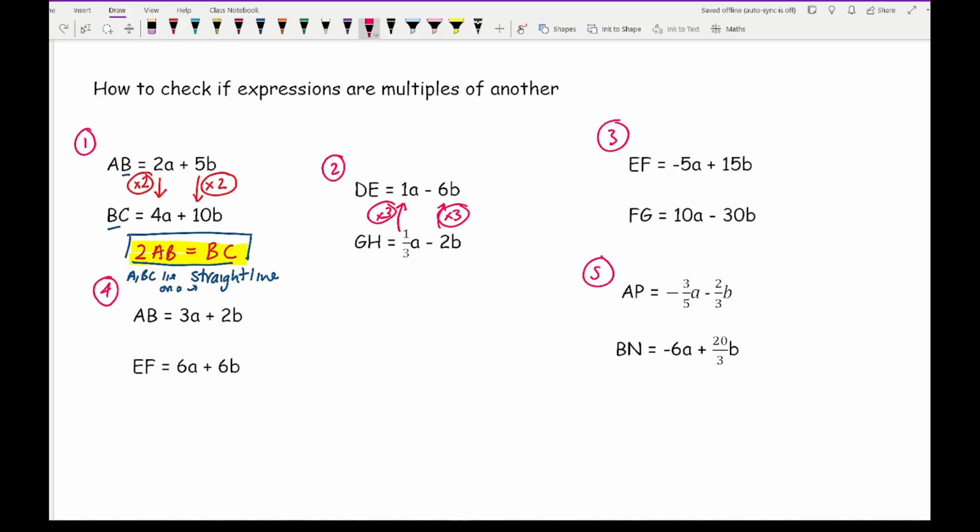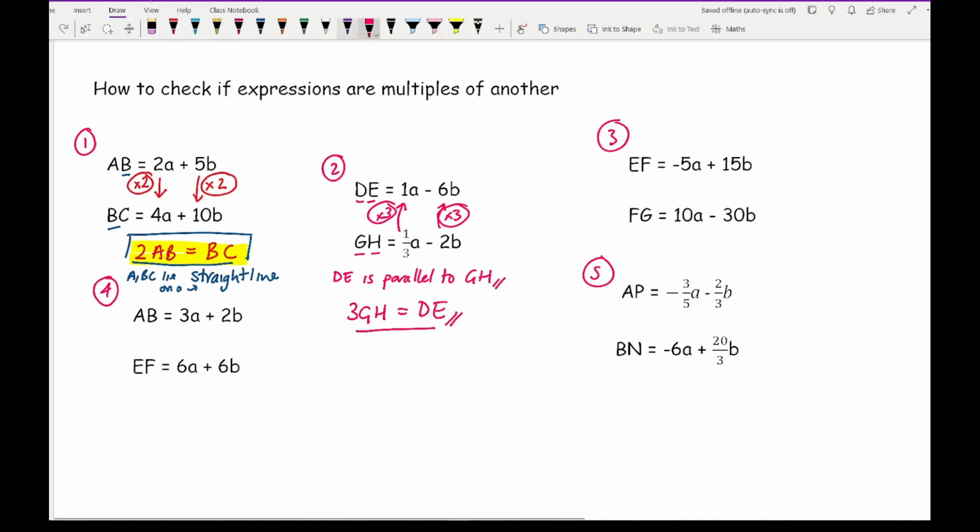Now looking at the letters, you can see that I've got 4 unique letters, so therefore DE is parallel to GH, and the reason for that is because 3 lots of GH equals DE. So this is the mathematical statement, and this here is the evidence.